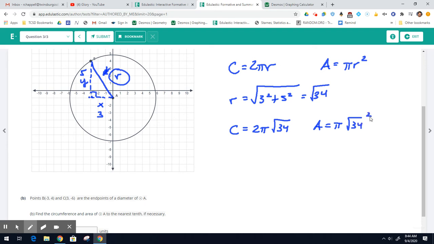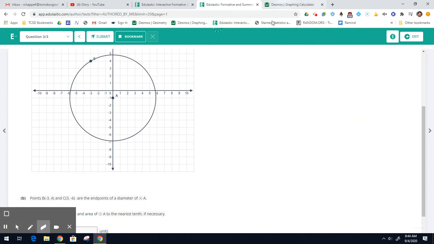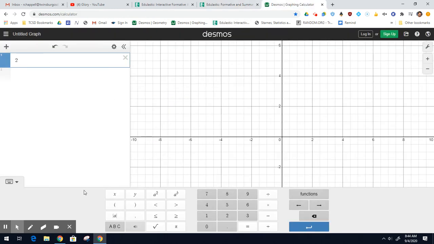Okay, and let's type these both into the Desmos graphing calculator and see what we get. We should get decimal answers because we're working with pi. It says round to the nearest tenth. Okay, so 2 pi is here. Square root is there, 34. All right, so there's 36.6. The 3 keeps the 6 as 6, the 3 in the hundredths place. So 36.6.